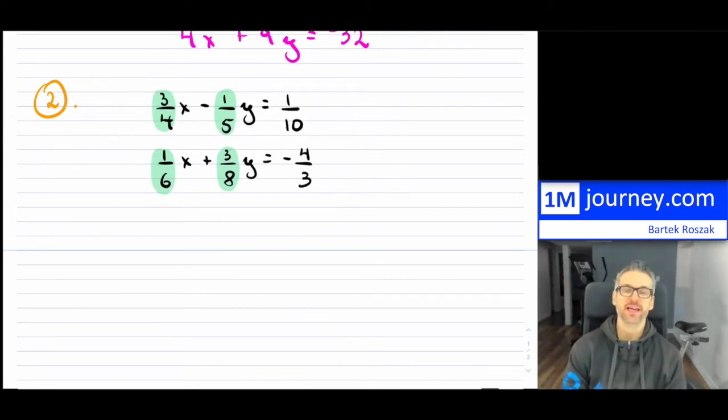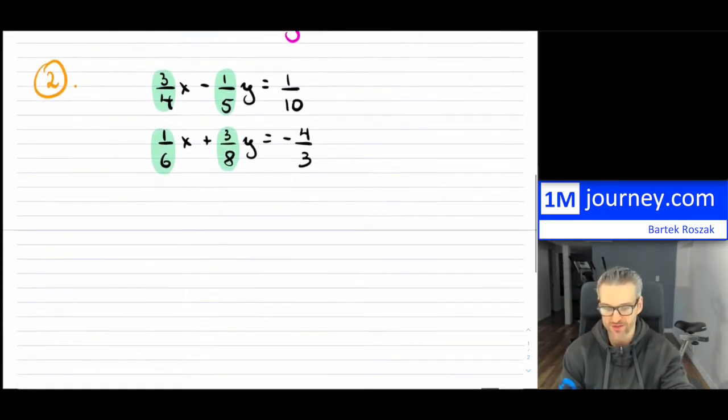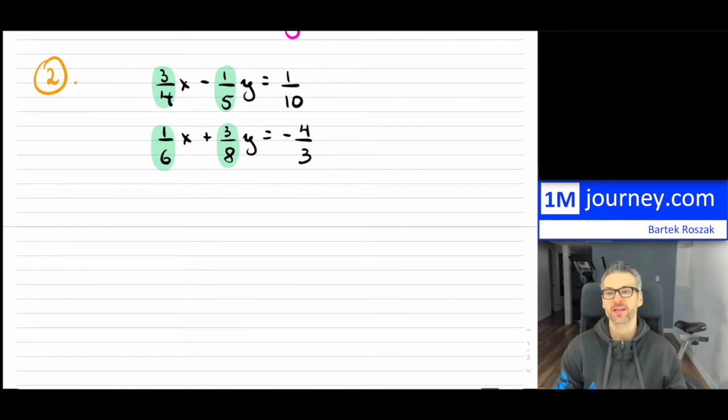Now, let's say instead of doing what I did above, which is get rid of fractions and just work with integers, now what I would want to do is get rid of the variable entirely. So I'll pick x or I'll pick y. Again, with the elimination method, it doesn't matter. So let me get rid of, for example, the x. I'm going to try to eliminate it, like using the elimination method.